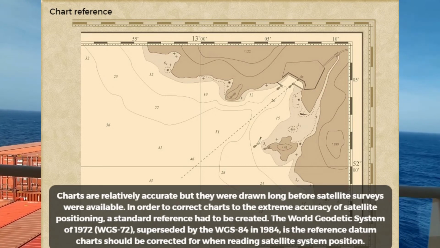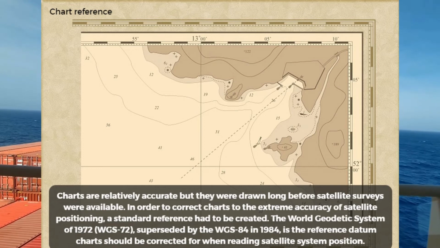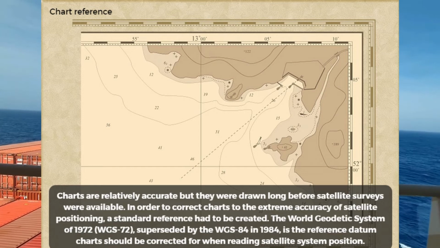Charts are relatively accurate, but they were drawn long before satellite surveys were available. In order to correct charts to the extreme accuracy of satellite positioning, a standard reference had to be created.